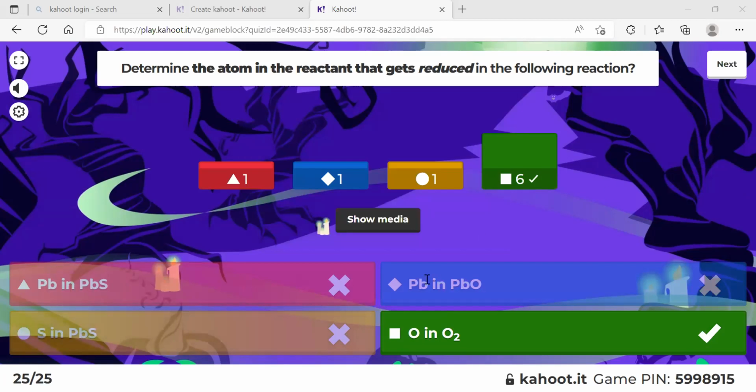Great. Put a 1 in the chat if you want to see how to determine the oxidation numbers for this reaction.